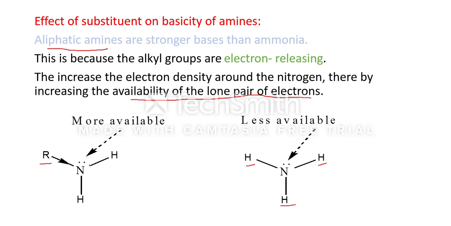As per the definition, Lewis bases are lone pair electron donors. The more available the electron pair, the greater the tendency to donate it, which increases the basicity of amines. That's why aliphatic amines are stronger bases than ammonia.